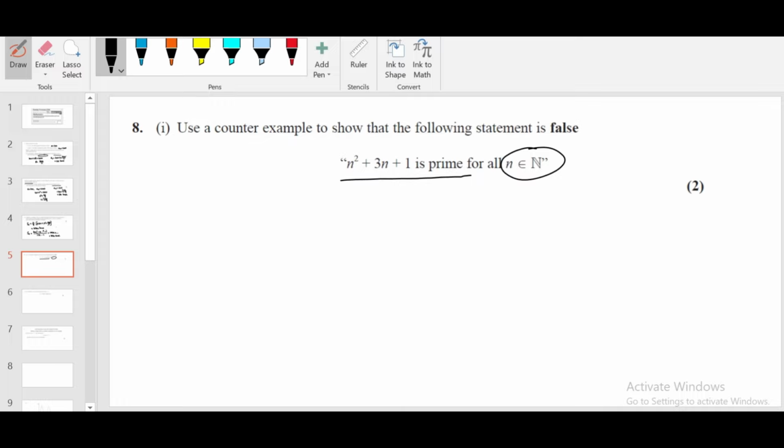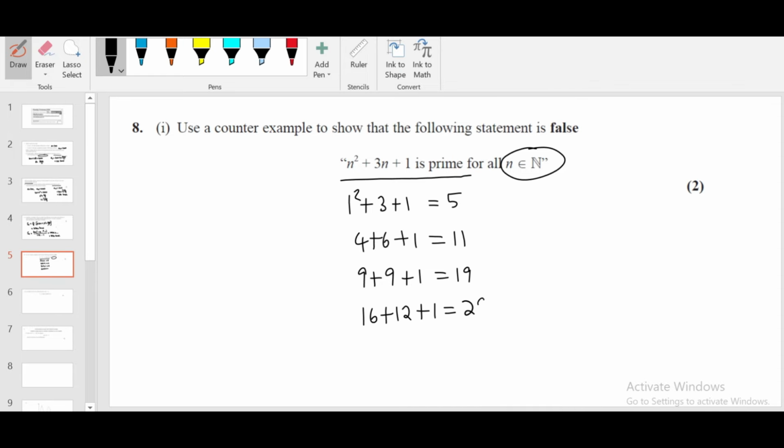If you replace n by 1, it's going to be 1 squared is 1, 3 times 1, plus 1 is 5, a prime. When you put 2, it's 4 plus 6 plus 1 is 11, also a prime. When you put 3, it's 3 squared plus 3 times 3 plus 1, 19, a prime number. When you put 4 there, 16 plus 12, 28, 29 is a prime number.